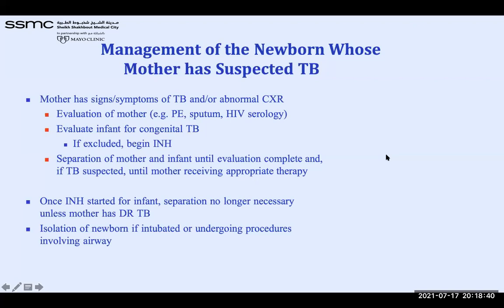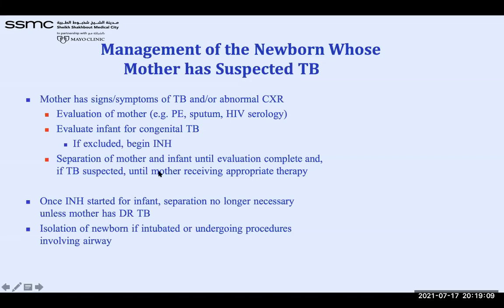Now, the management of the newborn whose mother has suspected tuberculosis, meaning the mother has signs and symptoms or an abnormal X-ray: evaluate the mother, and evaluate the infant for congenital tuberculosis. If excluded, then you have to begin isoniazid. Separate the mother and infant until the evaluation is complete, and if tuberculosis is suspected, until the mother is receiving appropriate therapy. Only for that period of time you can do that, and after that you will continue.